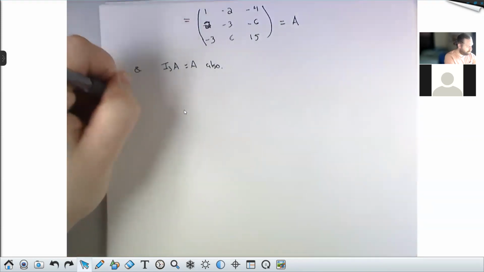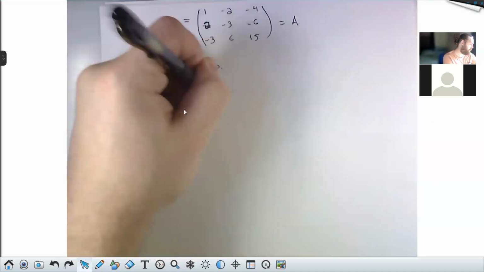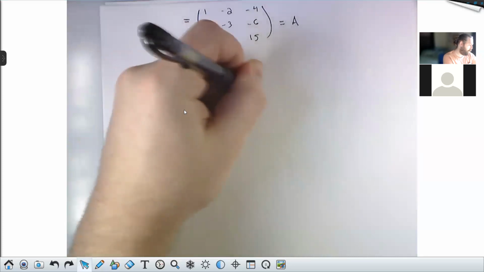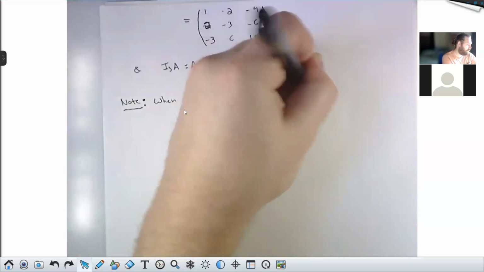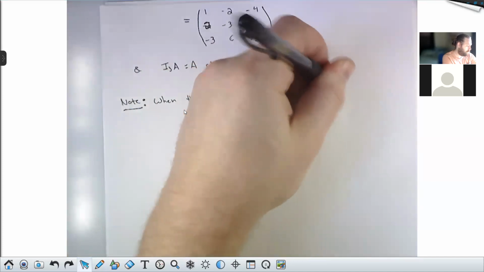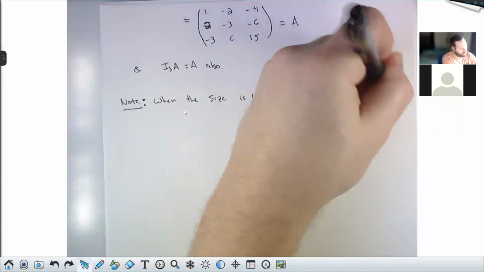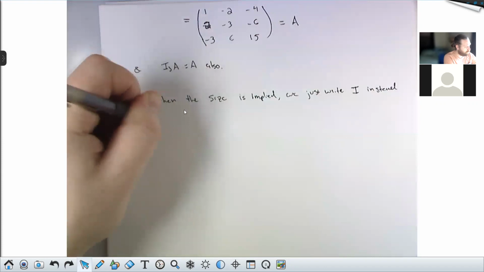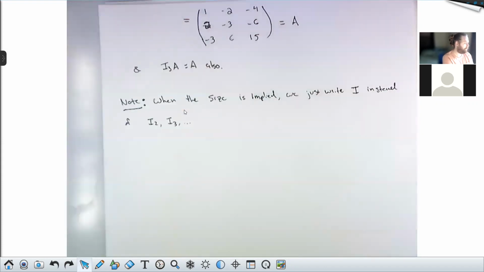So a little note. When the size is implied, we just write I instead of like I2 or I3 or so on.